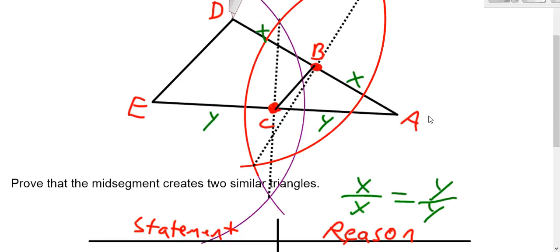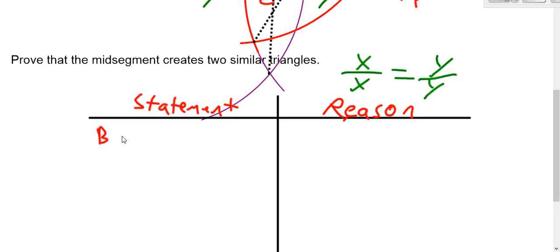So we know that BC is the mid-segment, because that's what we constructed. That was given, we constructed it.